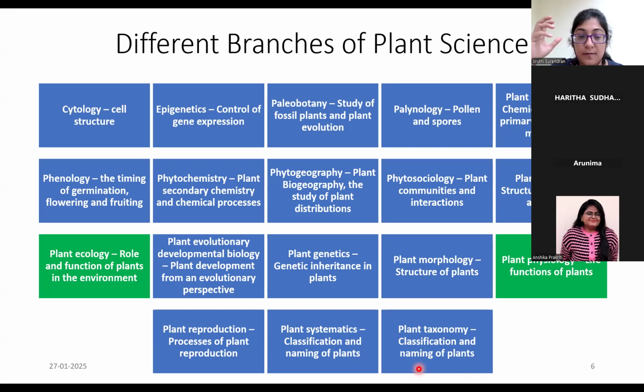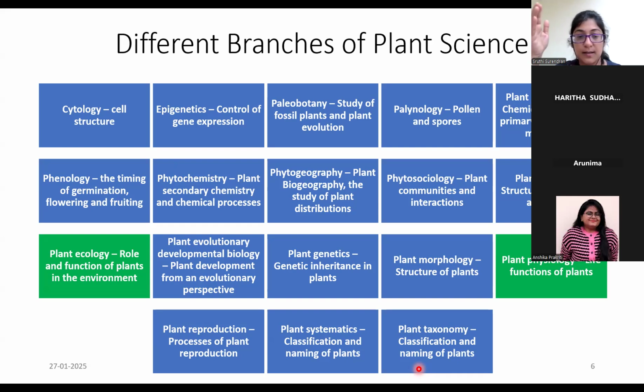But plant is a very, very complex system which is capable of surviving on its own. There are different branches of plant science that study its cells, the genetic makeup of plants, the chemical reactions that are happening in plants, the timing of the germination of seeds, the flowering, the dying of plants, and much, much more.